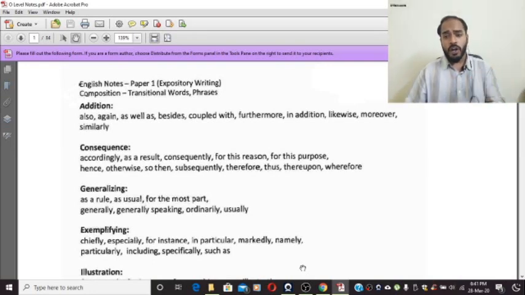So these are different words that you can use. Addition is one word which has different ways you can use it. So there are words given in this particular video. You should take your time, write them down, and maybe on a separate piece of paper you make sentences out of them. They will help you.